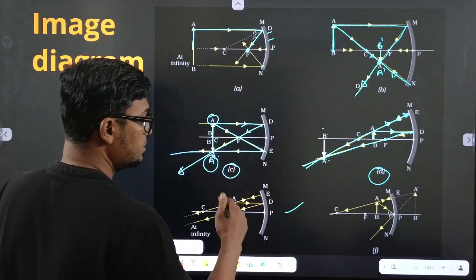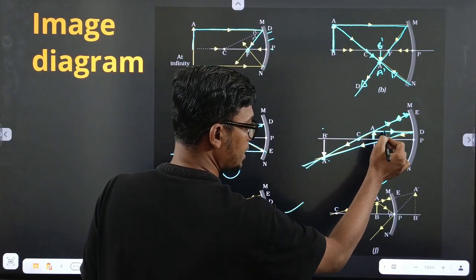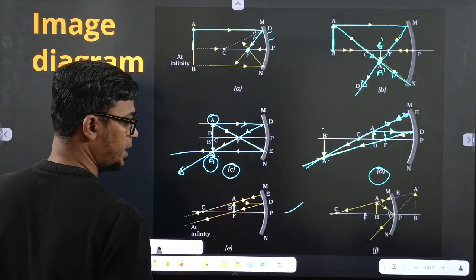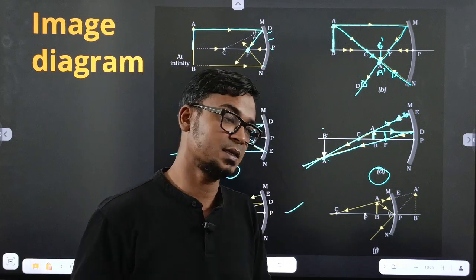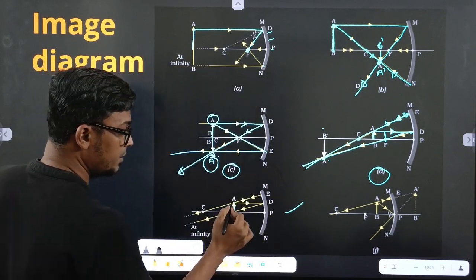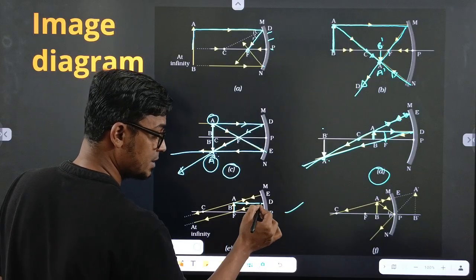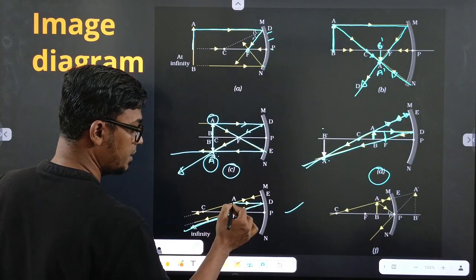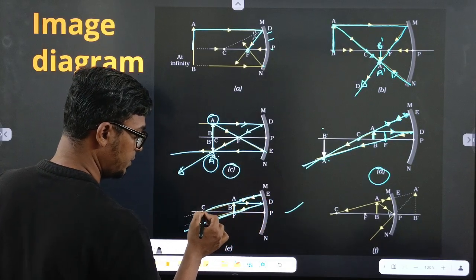And next, if you place the object at the focal point, then the image will form at infinite distance. Here, the ray parallel to the main axis will reflect through the focal point direction, and the ray through the center of the curvature will reflect back along its path.